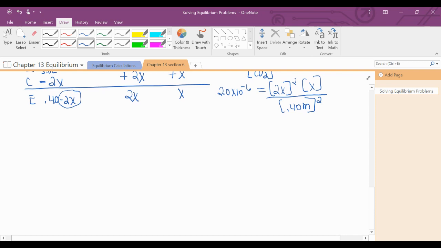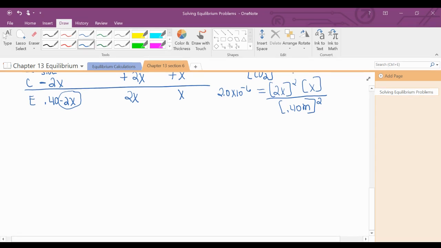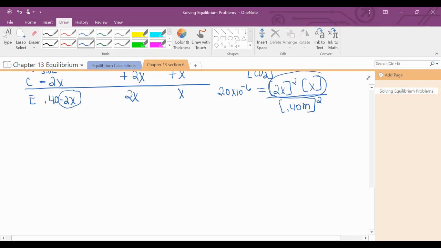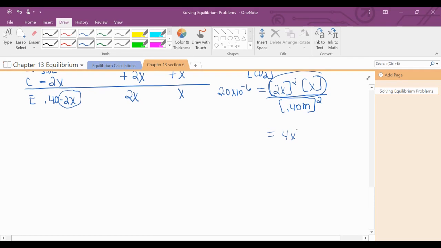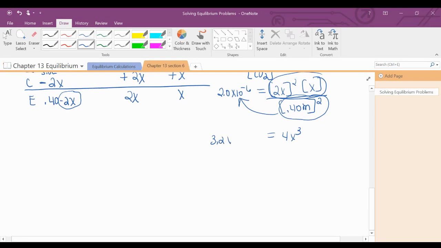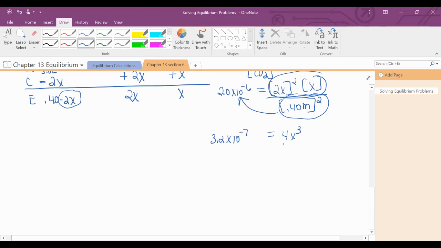Okay, so I'm going to start by reducing what I have on the top here. So we're going to get 4x cubed. Then I'm going to square my 0.40 and multiply it by my K value, and we get 3.2 times 10 to the negative 7th.